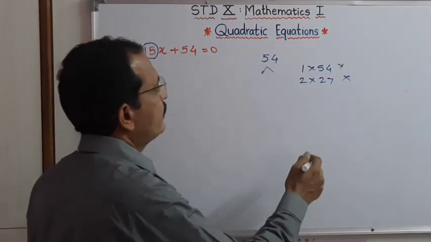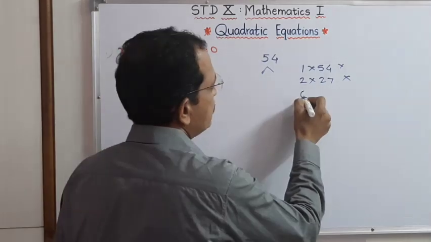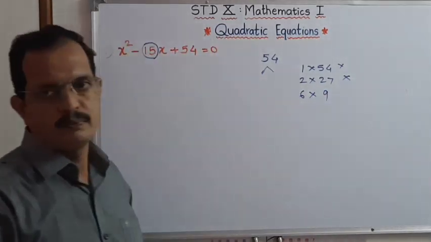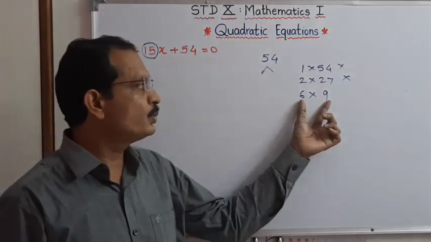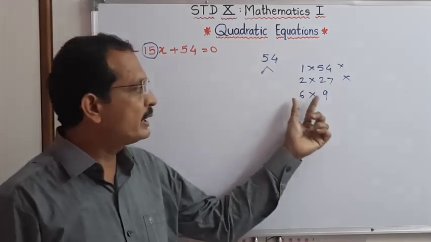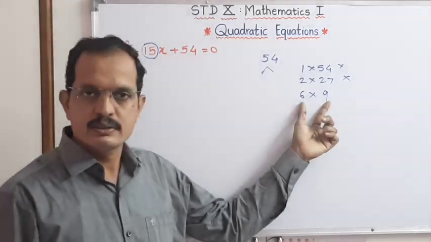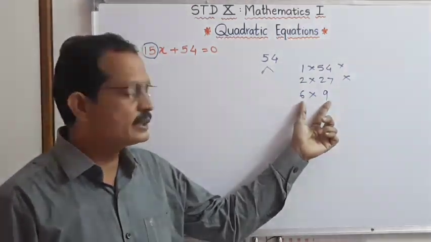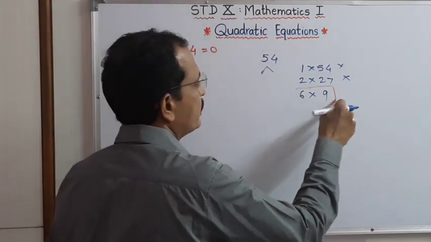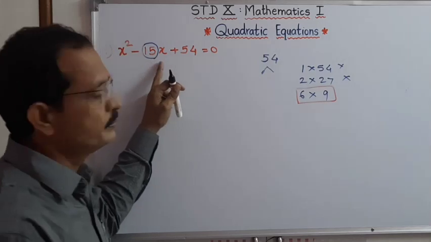Then we can write here 6 into 9. If we do the multiplication of these two, it is 54. Make the addition of this, it is 9 plus 6, which is 15. Therefore these are the suitable factors for this quadratic equation.